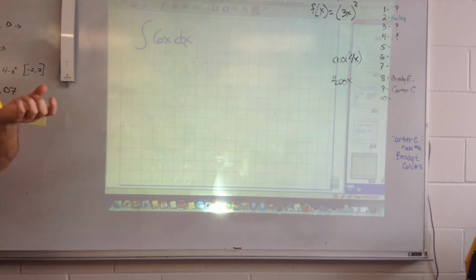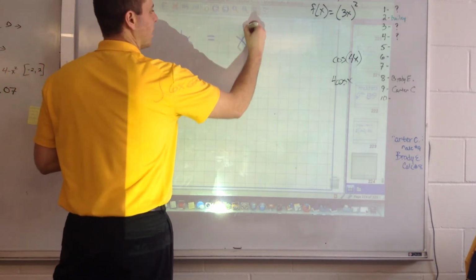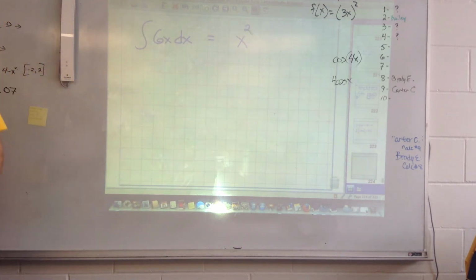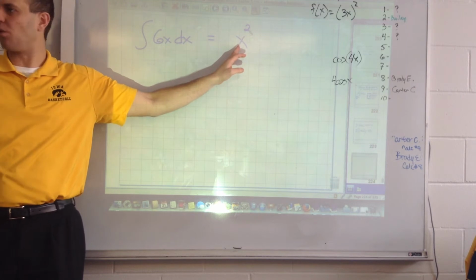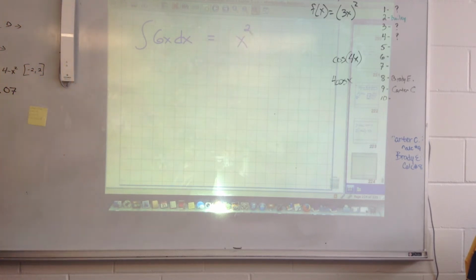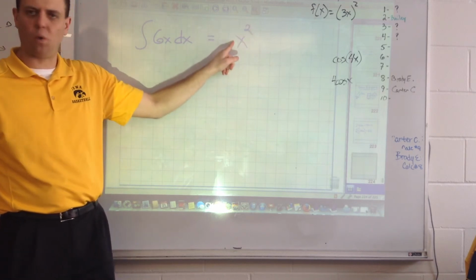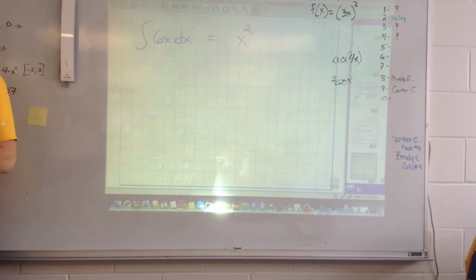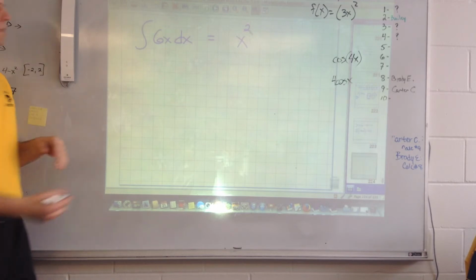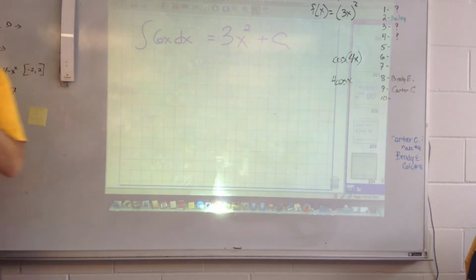You're going to have an x squared in it, and then you have to divide. You already know you're going to have an x squared in it, but it can't just be x squared, because if I did the derivative of x squared, I would just get 2x. I need to somehow get 6x. So when I do the derivative of this, 2 times what is going to give me the 6 that I need? 3. So 3x squared, and don't forget your plus C.